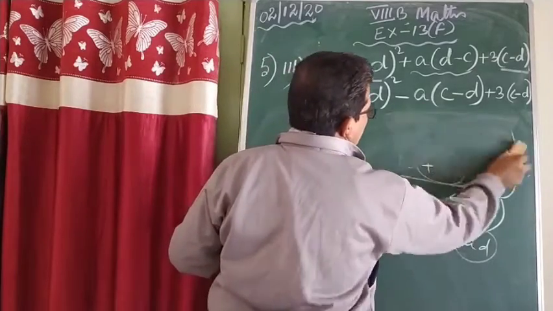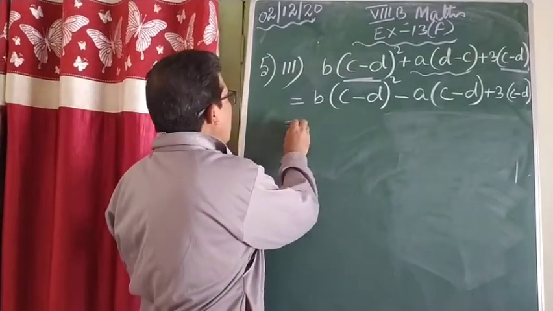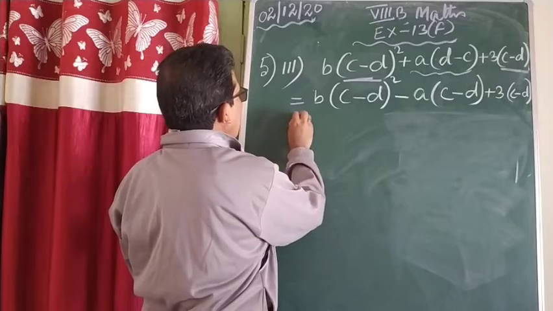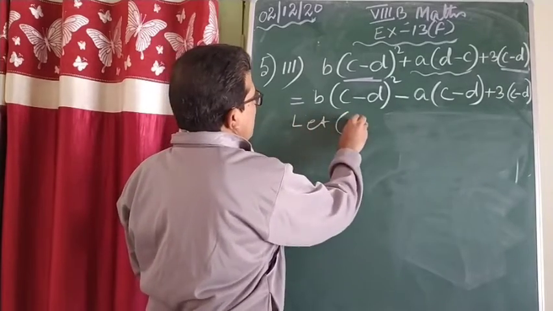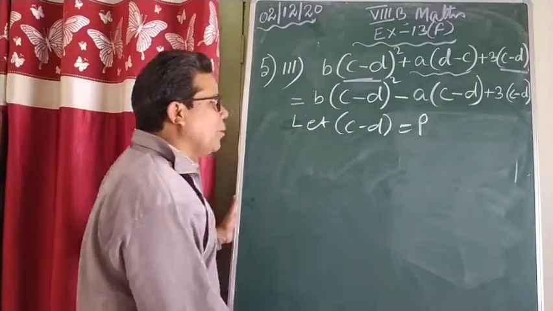Now I am going to do it here. You are supposed to write: let C minus D equal to P. Whatever letter you like you can take, because all the brackets are the same.